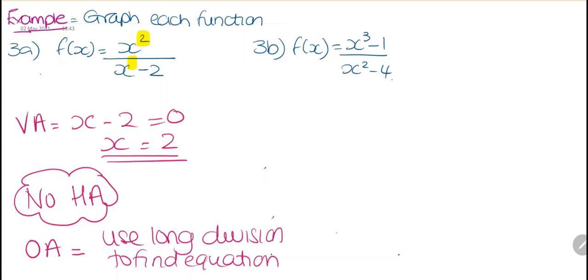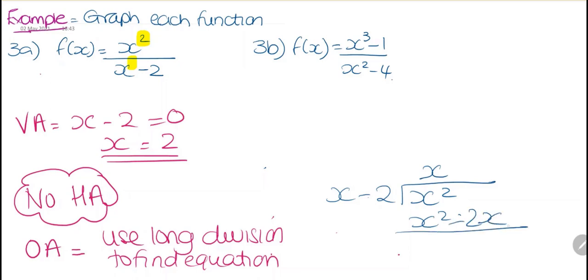So let's do that. x minus 2 divides into x squared. x goes into x squared x times. x times x is x squared. x times minus 2 is minus 2x. And we're going to subtract them, so when we subtract, we'll get 0.